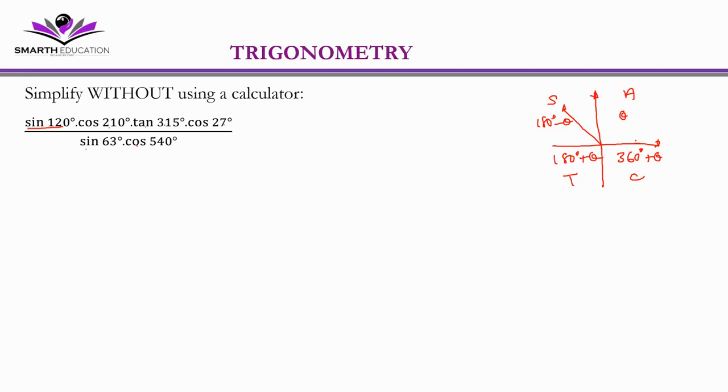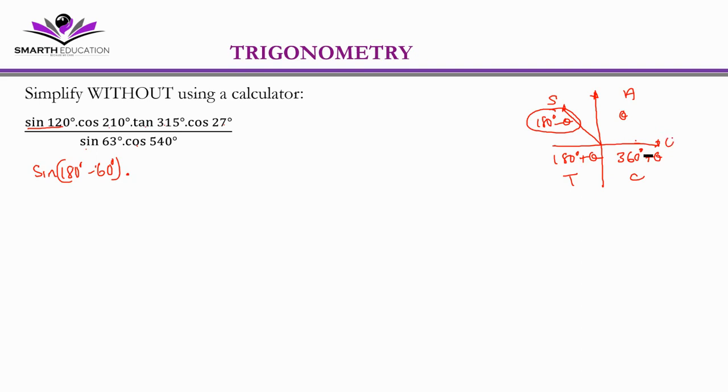So it should be in this form. 120 degrees is 180 degrees minus 60 degrees. So sine 120 is sine of 180 degrees minus 60 degrees. Then times cos 210.